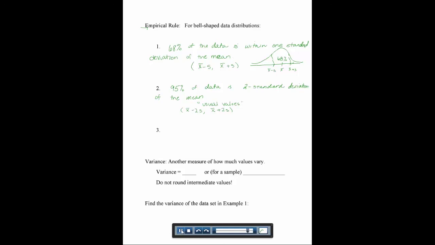And now if we go out 3 standard deviations, we get 99.7% of the data. So if we subtracted 3s and added 3s, we'd get 99.7.